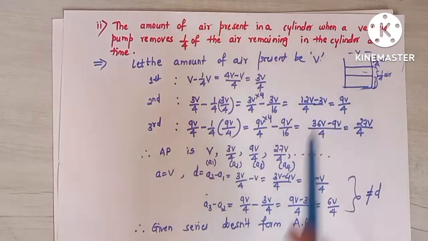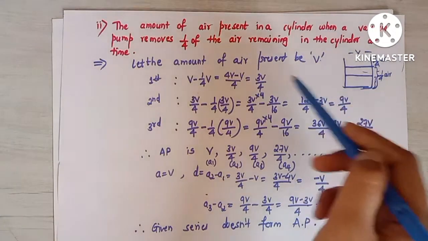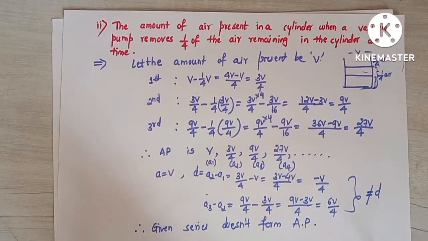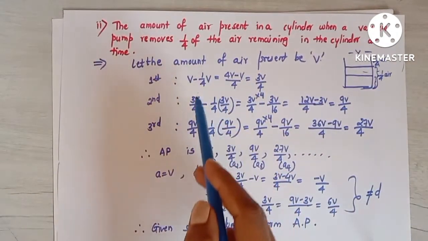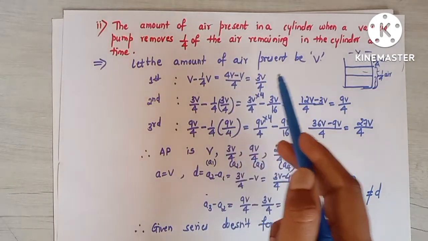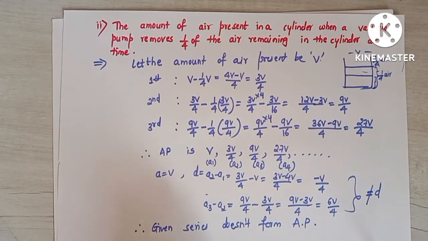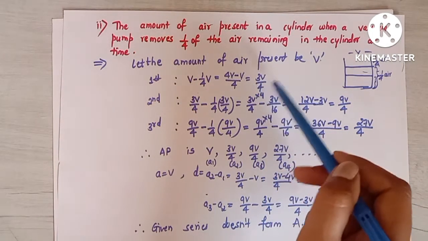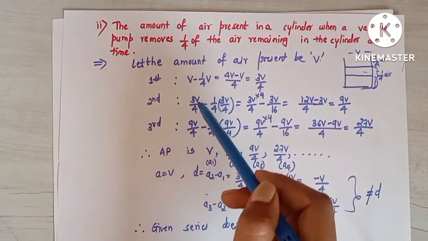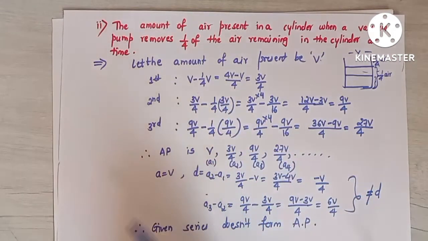Out of this V, the vacuum pumps out 1/4 of this V every time. So for the first pump, this will be V minus 1/4 of V, which is 3V by 4. For the second pump, the vacuum pumps out 1/4 of this remaining air, that is 3V by 4 minus 1/4 of 3V by 4.